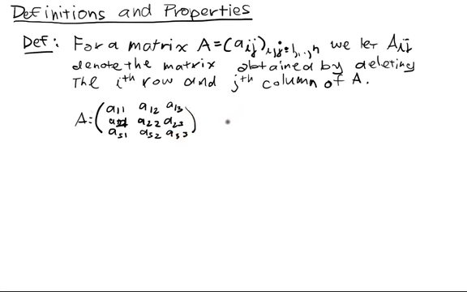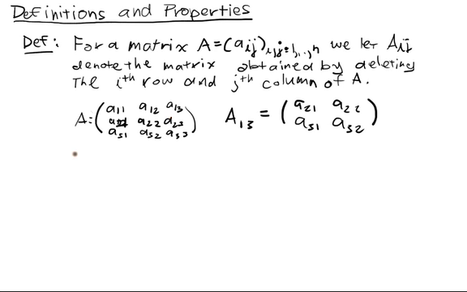Well, let's take say A13. That means I remove the first row and the third column. So this gets removed, and now this is a 2 by 2 matrix, and it's going to have A21, A22, A31, and A32 as its entries.